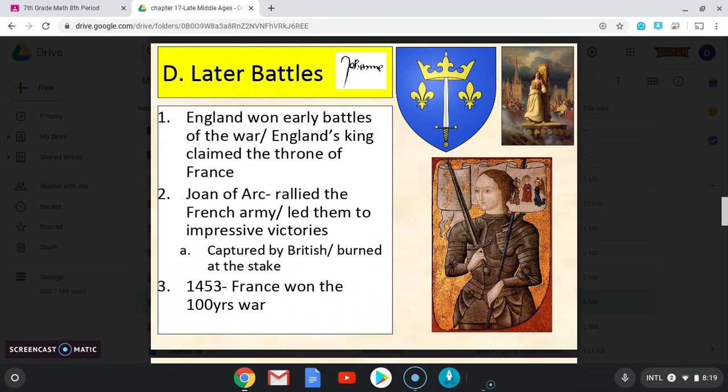I know it's actually over 100 years, but that's what they call it. There's actually some years in between where they're not fighting, but for most of those years they're at war with each other. And we're going to dive more into Joan of Arc tomorrow.